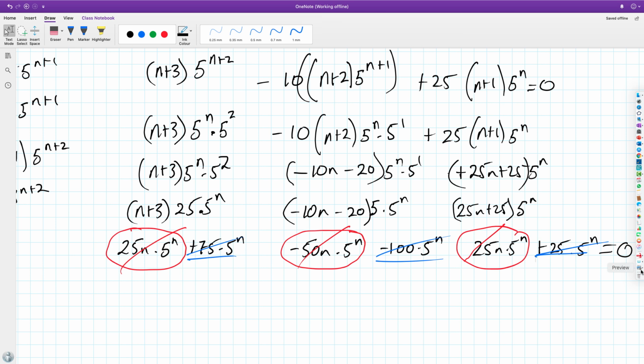They don't give you this. Tn plus 1 minus Tn is equal to Tn plus 2 minus Tn plus 1.